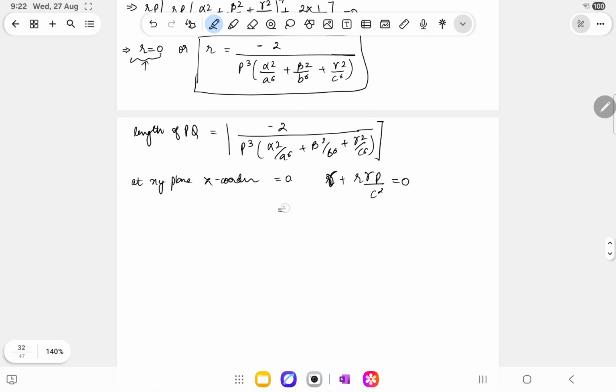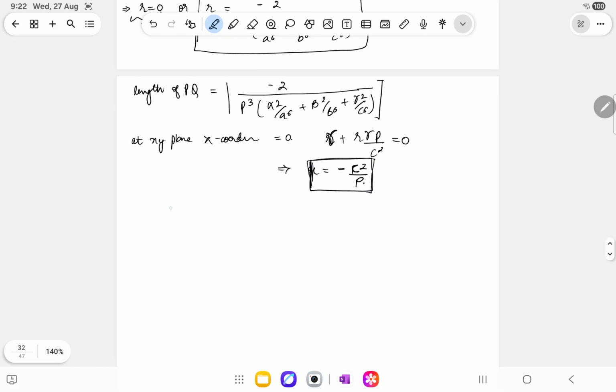So from here I'll get r as minus c square by p. So this is basically the point PG3.